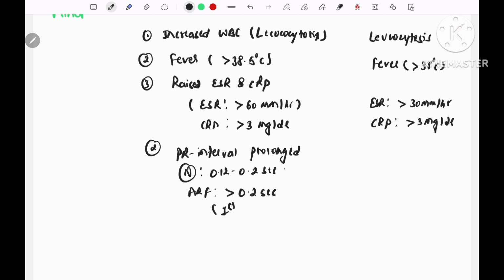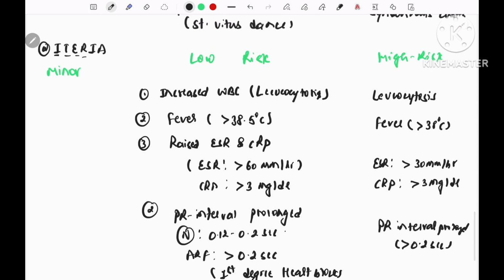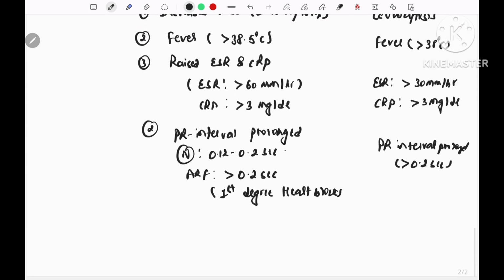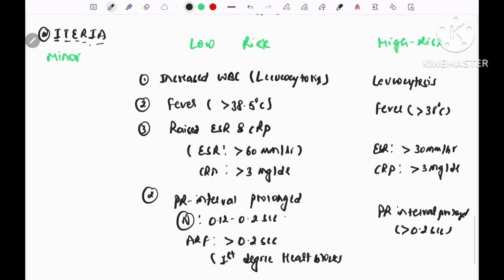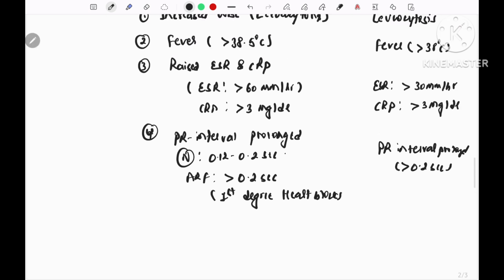So it is the first degree heart block, and the value is the same in case of high risk: PR interval prolonged, more than 0.2 second. Now the last one is A. There is nothing about I, and the last one is A, which means arthralgia.